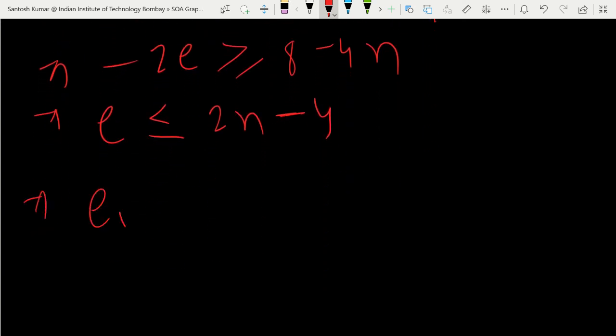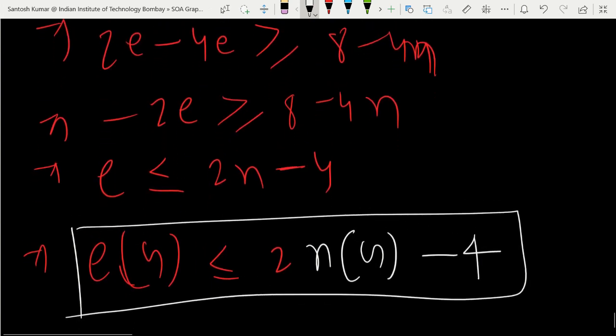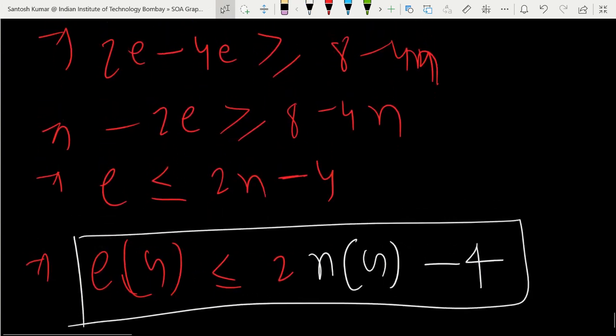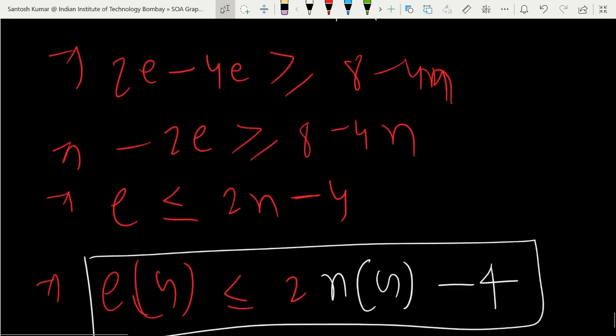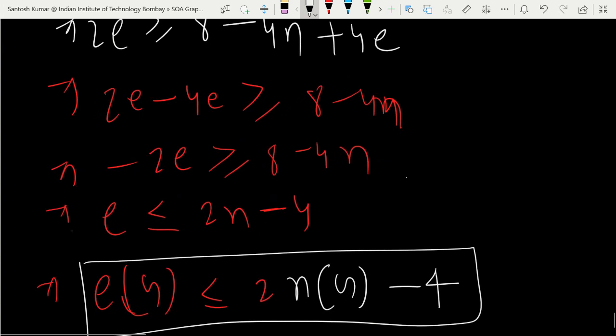And that's what we wanted to prove: E of G, the number of edges, is less than or equal to 2 times the number of vertices minus 4. Okay, so this was the result.